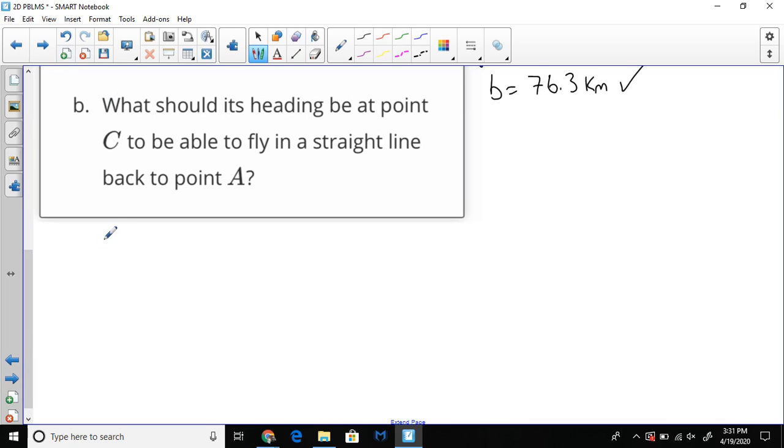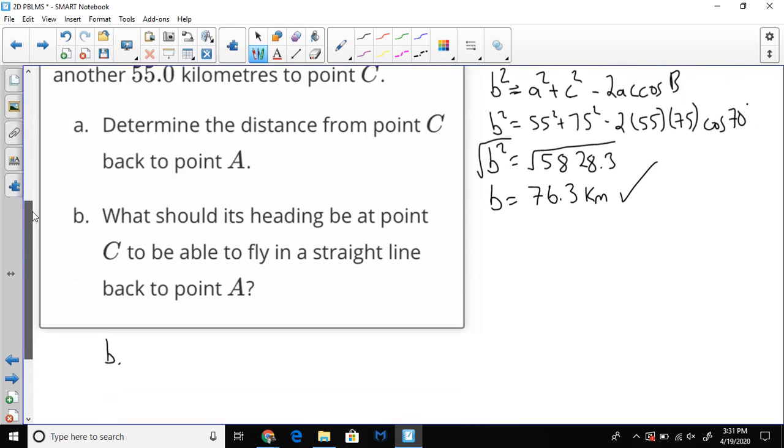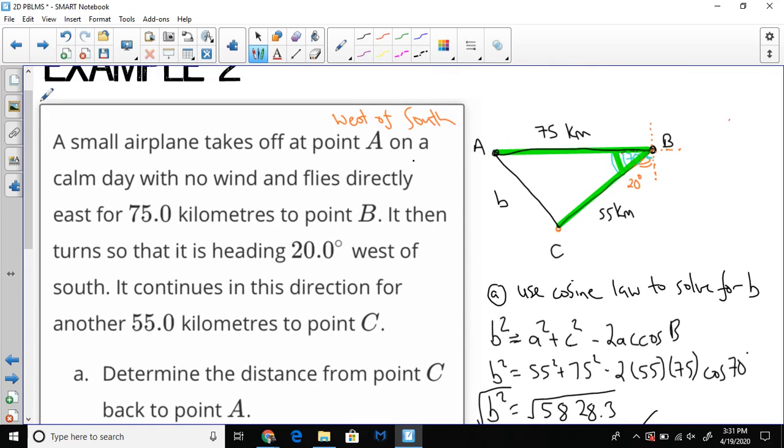Okay. So now for part B, we want to figure out what should its heading be at point C to be able to fly in a straight line back to A. So if I look back at the picture, what heading do we want to talk about in this sense?